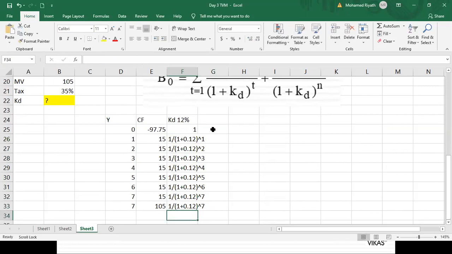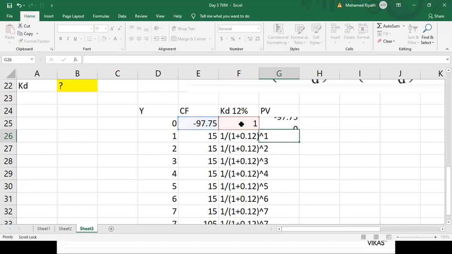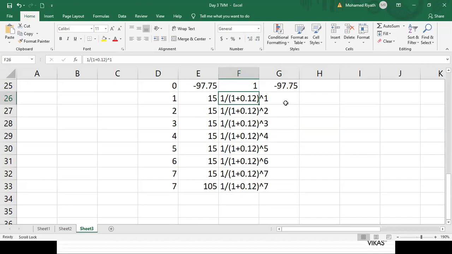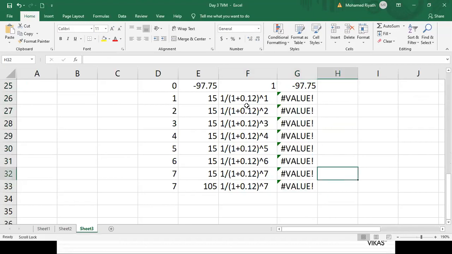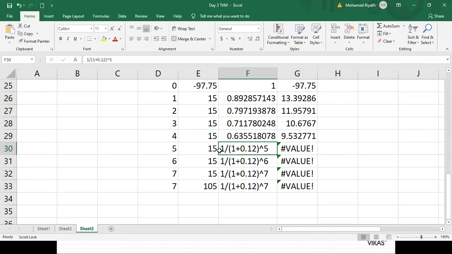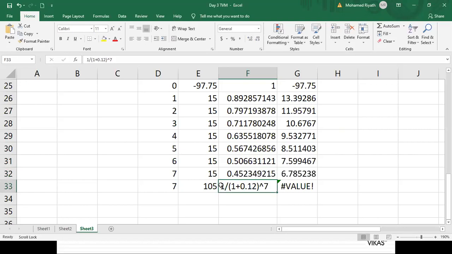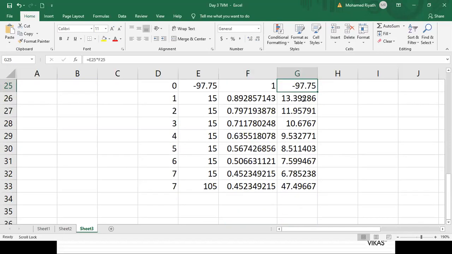We have to find the present value, PV, cash flow into this value. These are the cash outflow. These are the cash inflows.